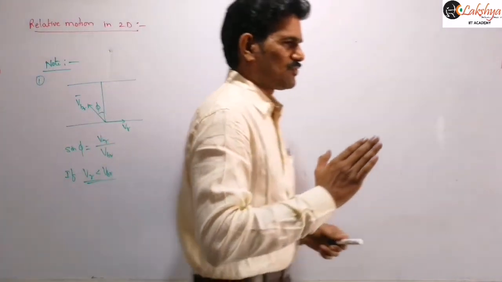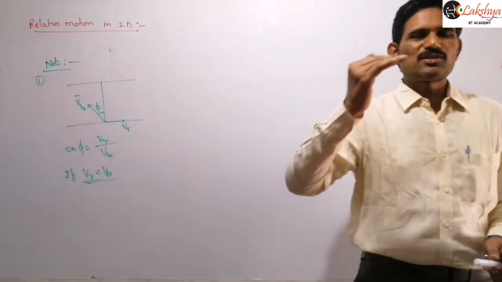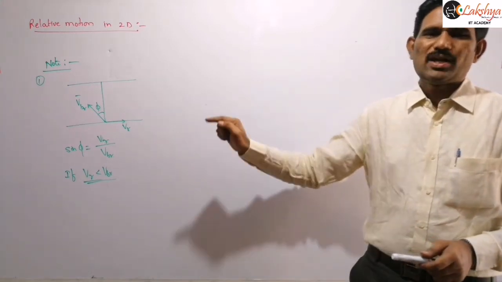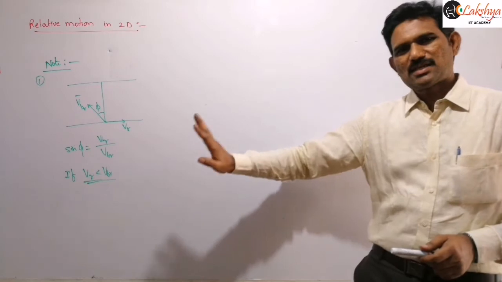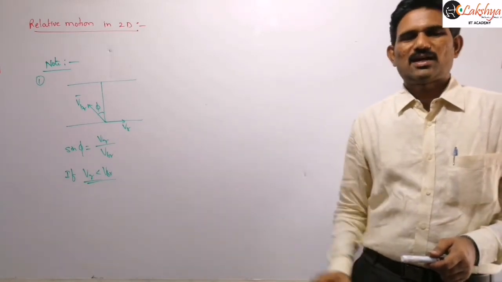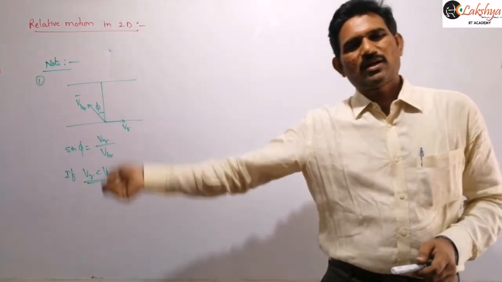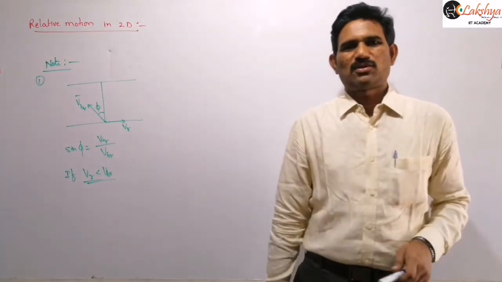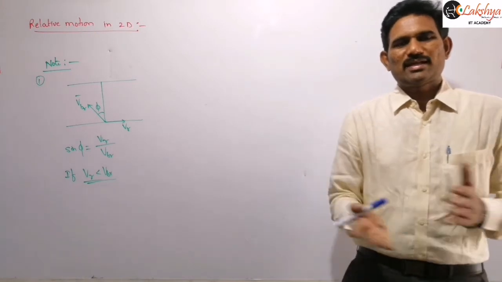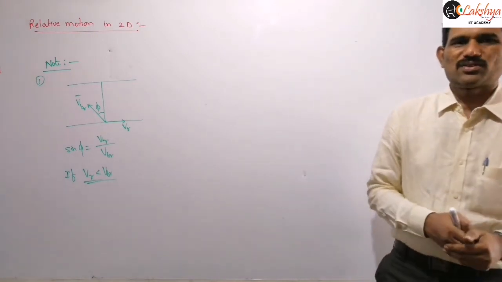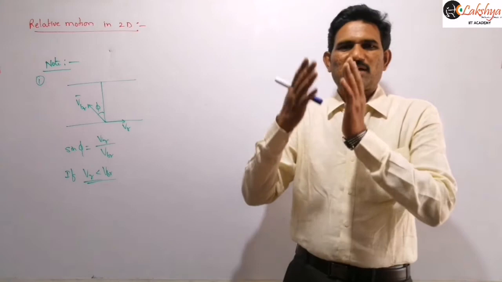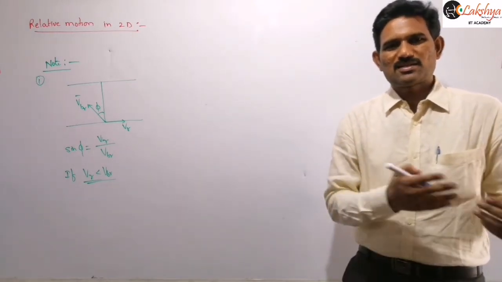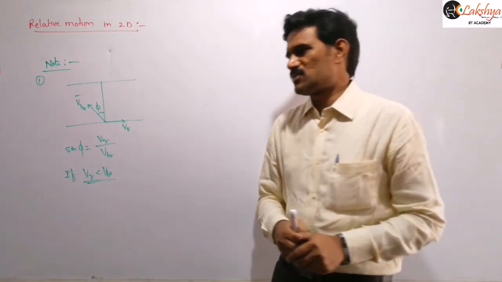That means the boat can reach the directly opposite point, or cross the river in the shortest possible path, only when VR is less than VBR. The velocity of the river must be less than the velocity of the boat with respect to the river. In that case only, the x component of velocity of the boat with respect to the ground will become 0, so it will have only the y component, as we discussed previously, VBR sin theta.